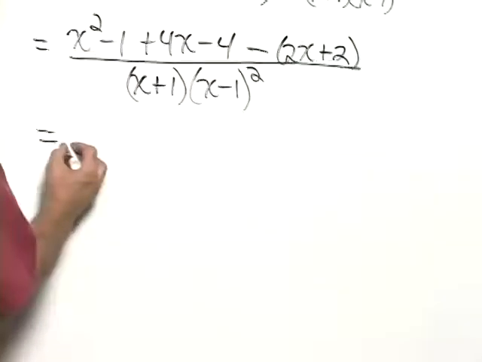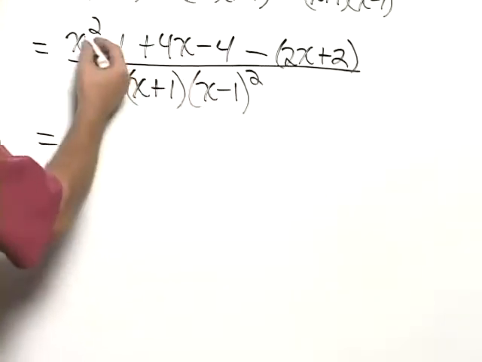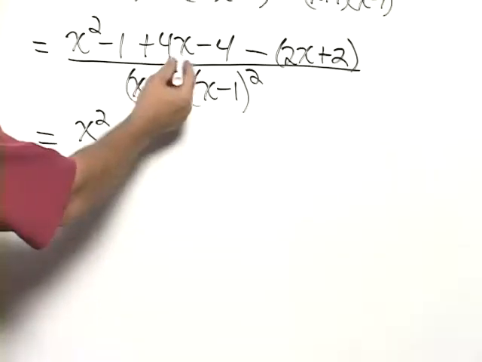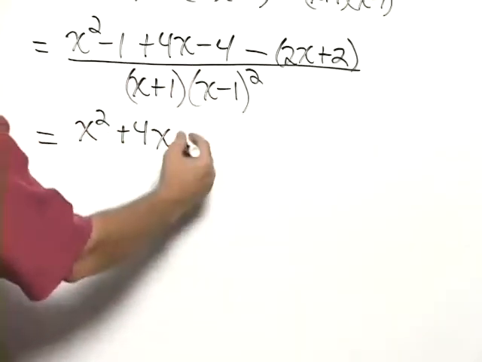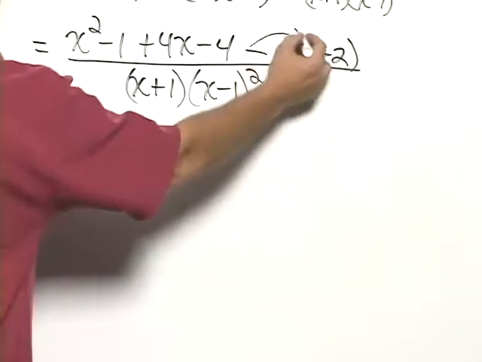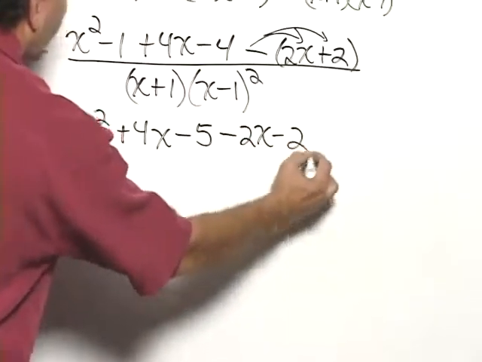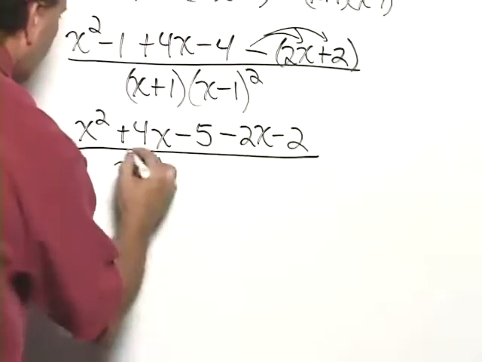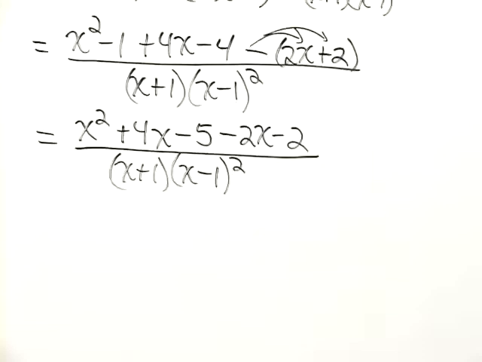Simplifying further, the only x squared term is x squared, we have this 4x, we have minus 1 and minus 4, which is minus 5. And then we need to distribute the minus, so we have minus 2x minus 2, all of that over x plus 1 times x minus 1 quantity squared.